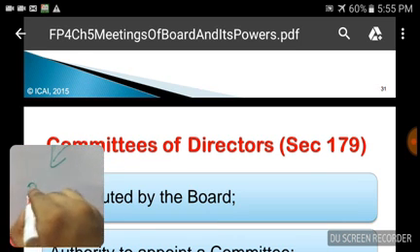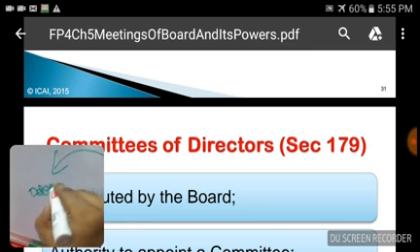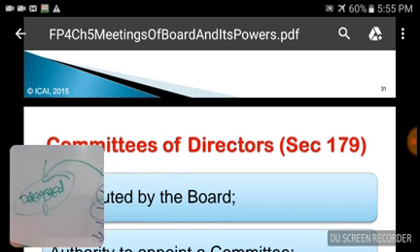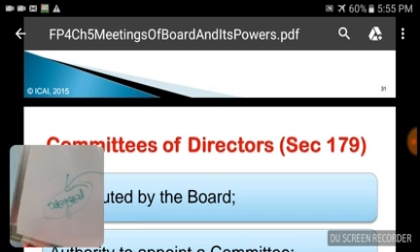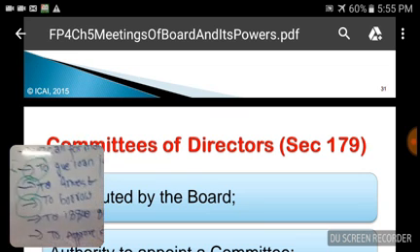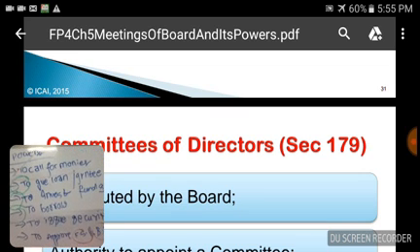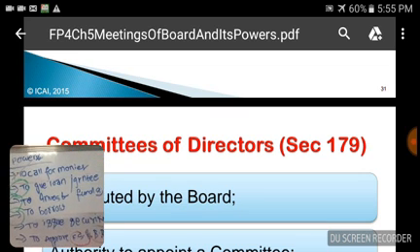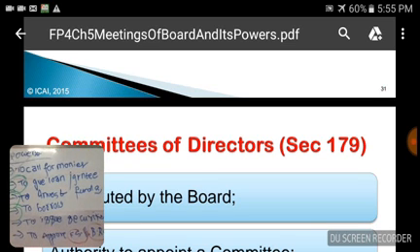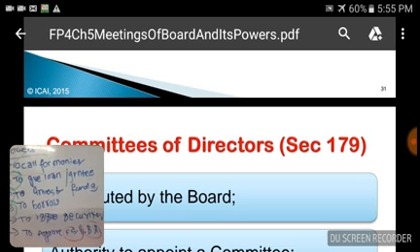And if any person wants to participate through video conference, he has to give intimation beforehand that he wants to participate through electronic means. Yes, and they can say that there is a provision in the act that we can participate through video conference also. Even if we participate through video conference, we will be counted for the purpose of quorum. No, we need not attend the meetings physically.